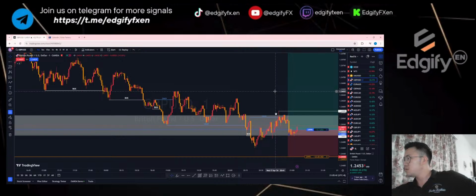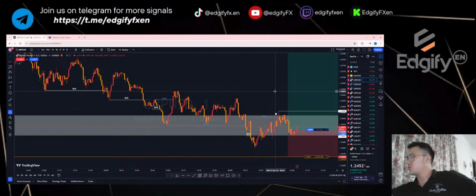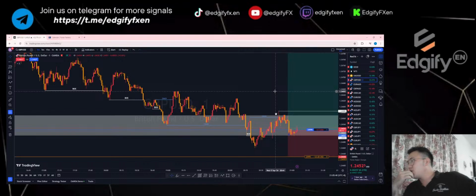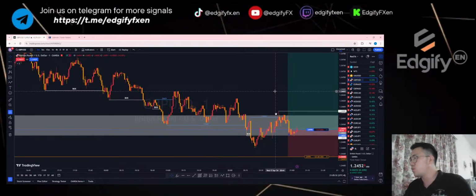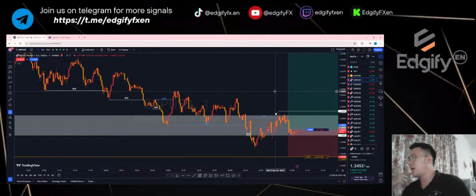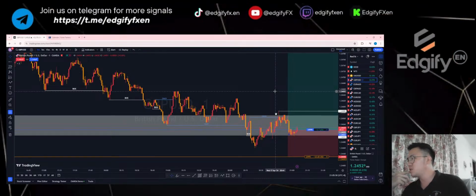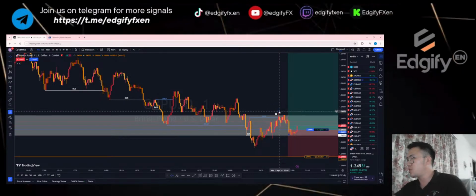If you guys can see from here, I don't have the amount shown like this because I want to see it in pip size, right? So when we are up and running, you can secure if you want, of course not at one pip. I will start to break even my trade when the price taps here.